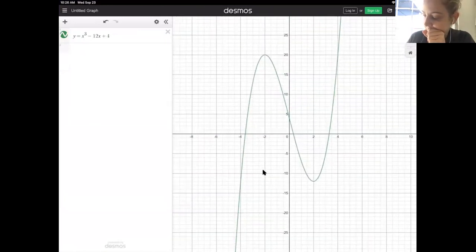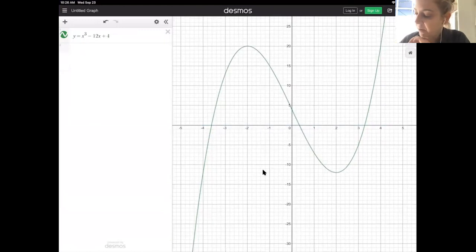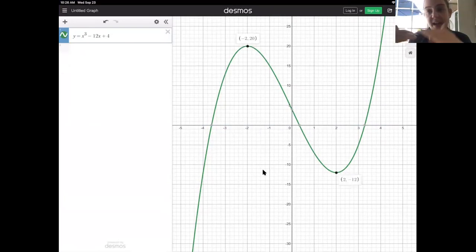Stretch it this way. We said we had horizontal tangent lines at -2. There it is. And +2. There it is. Can you imagine a horizontal line going through those 2 points? So again, I want to show you that it works. I'm so excited that this works.